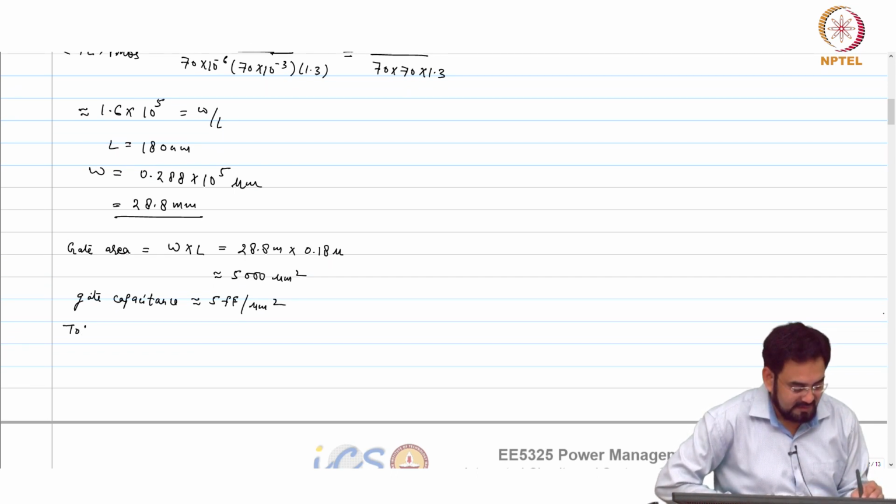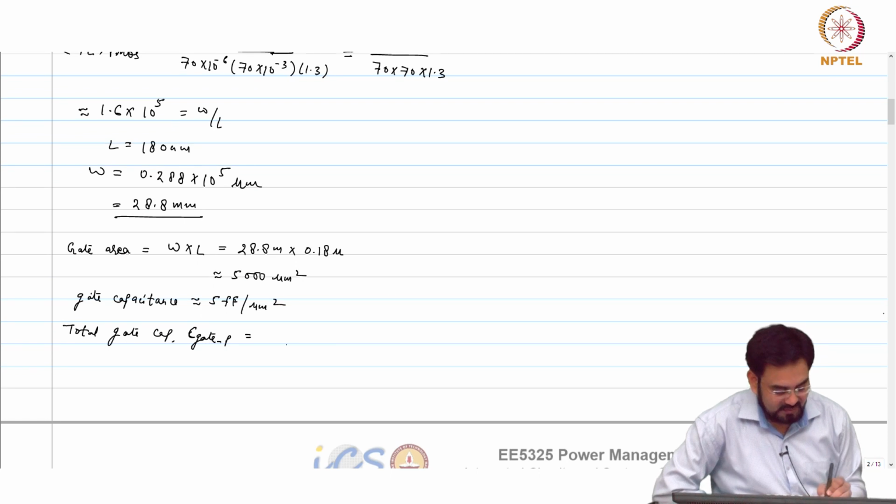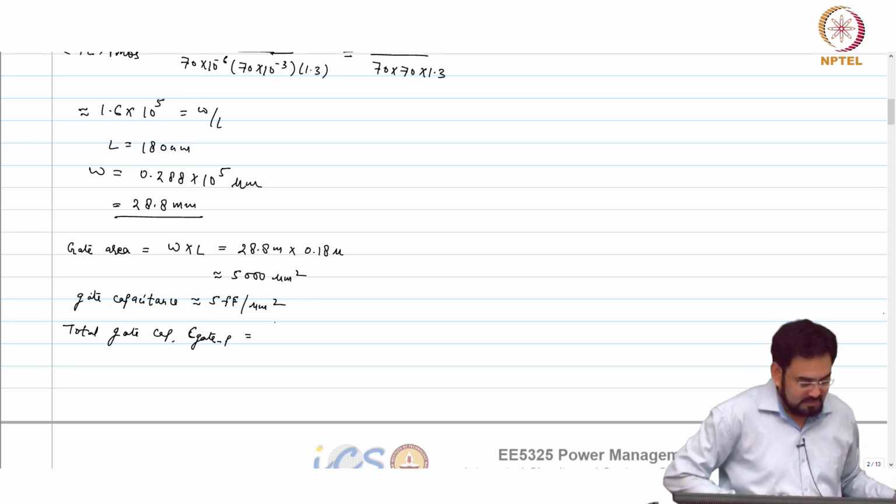So, total gate cap here, which I will call C gate, and this was for PMOS. So, C gate P equal to 25 picofarad, correct?